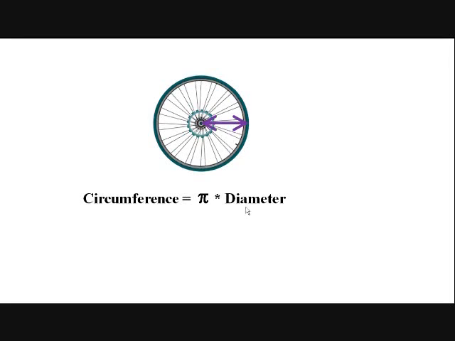Okay, remember from before that the diameter is equal to the right side radius plus the left side radius, which of course means that it's equal to twice the radius. Remember before we had a radius of 1 foot? So if you had a radius of 1 foot on the left and a radius of 1 foot on the right, the diameter then was just equal to 1 plus 1, or 1 times 2. So the diameter is always equal to 2 times the radius.